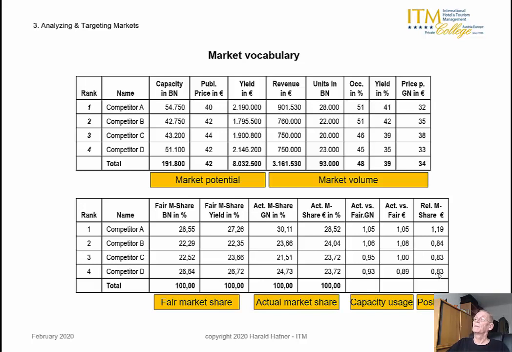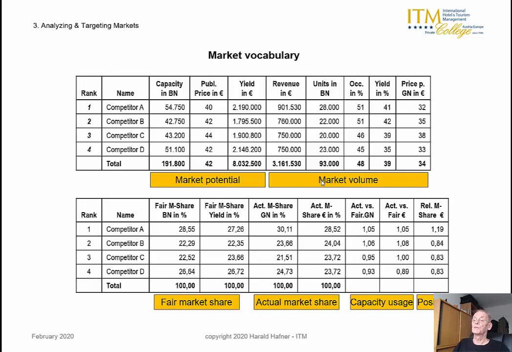So the definitions, just to sum it up for you: the market volume defines the penetrated market, or all consumers which have used the offering in a relevant market and over a given period of time, that is, in our case, for a year.